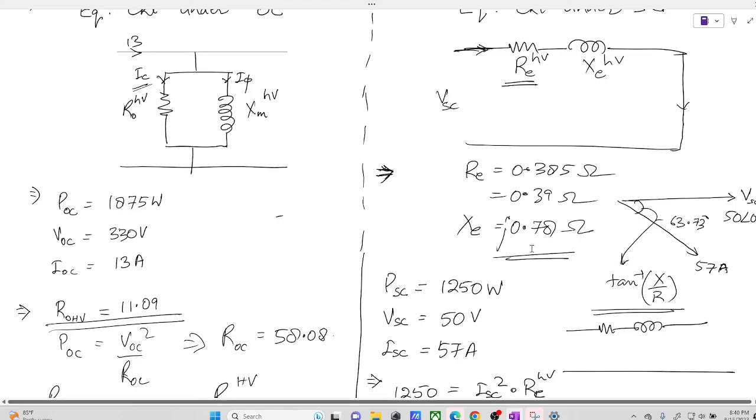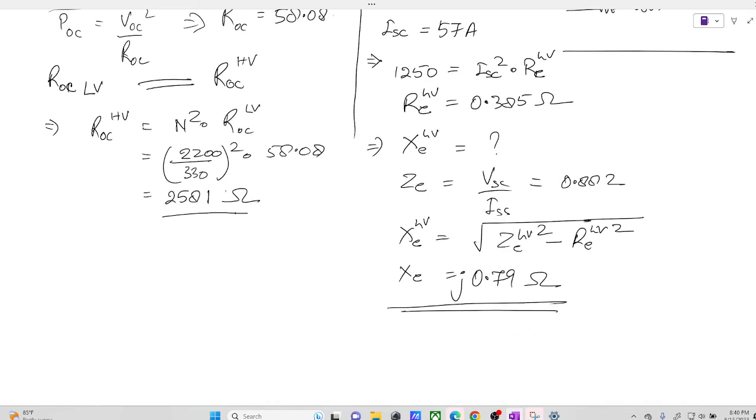Is everyone getting this? ROC is 2581. Similarly, how will you find XOC? I told you that POC is equal to VOC IOC cos phi.